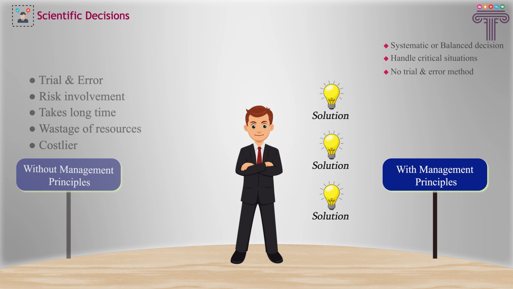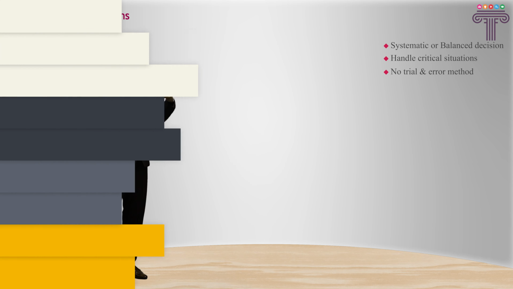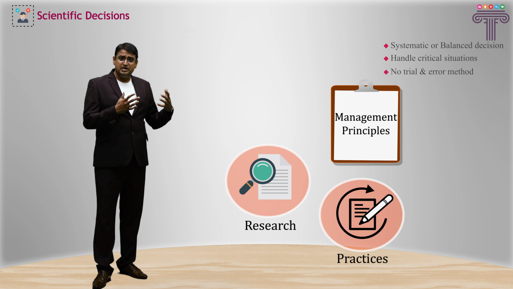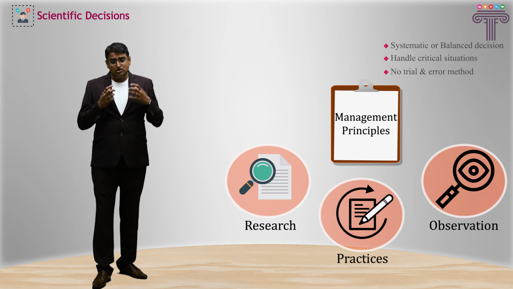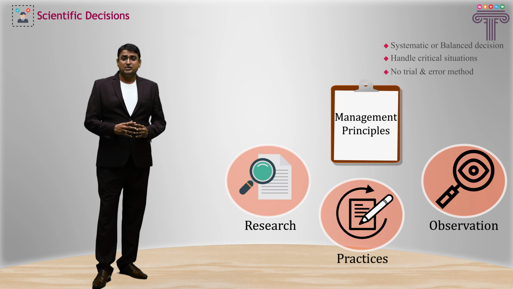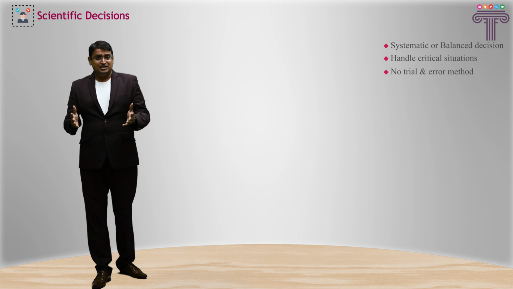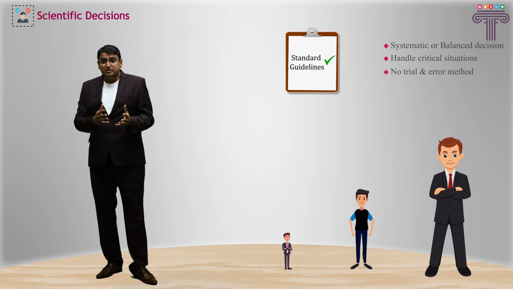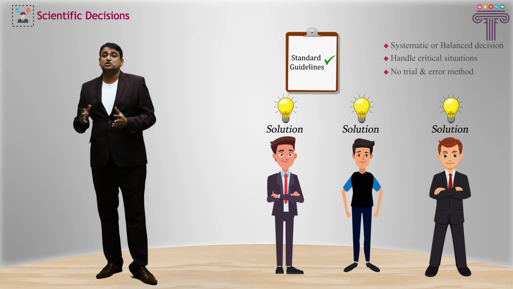The very reason being, these principles are based on a lot of research, a lot of practice. Professional people have been working and observing and doing an enormous amount of research, and then these principles have been established. So for management and for managers, it's a direct ready reckoner, a standard guide where everybody knows what the probable options are.